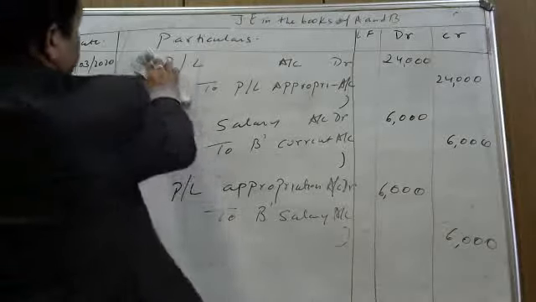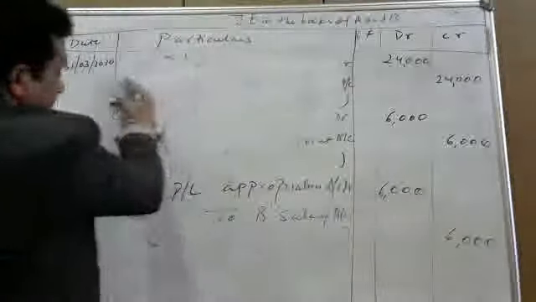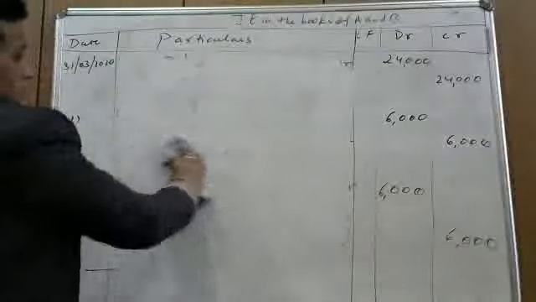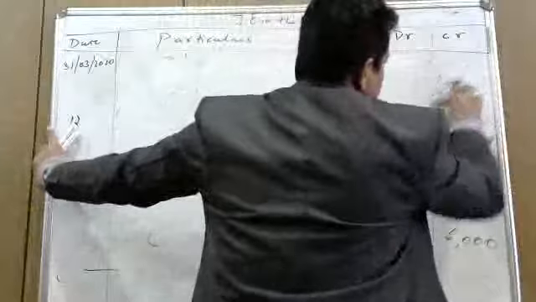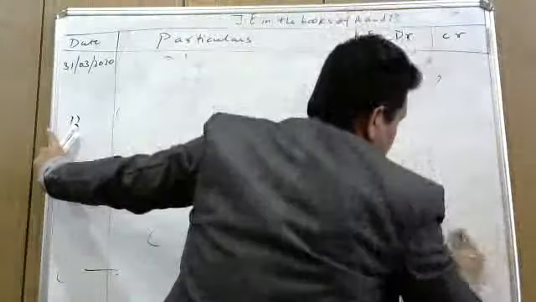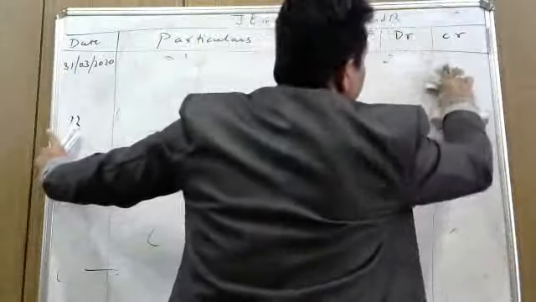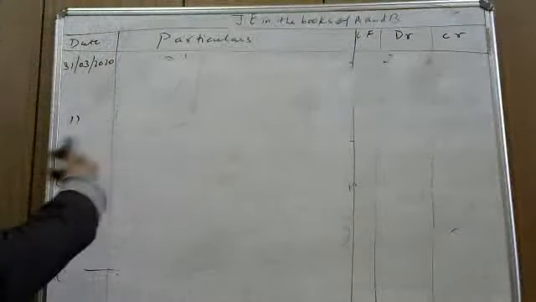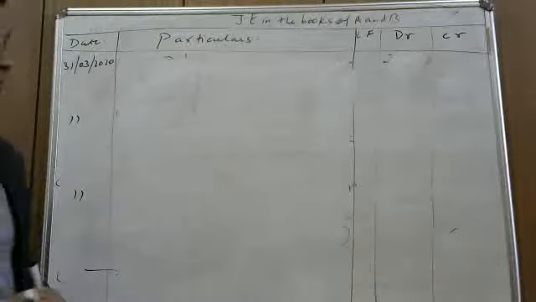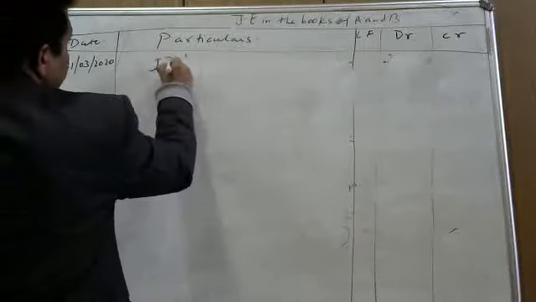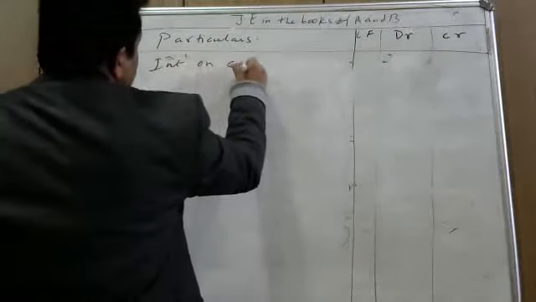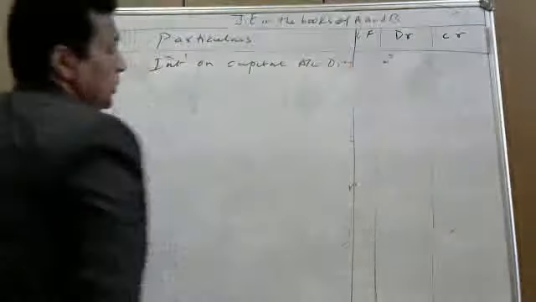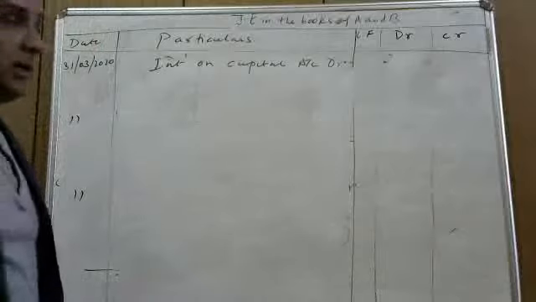Apart from this, A and B are getting interest on capital. The date remains the same, only the space is slightly short here, so I need to write the next new entry, the interest on capital. Interest on capital account debit. Who is getting interest?